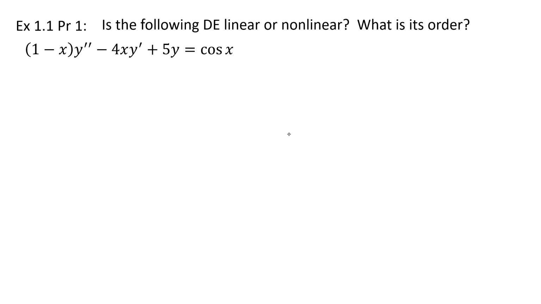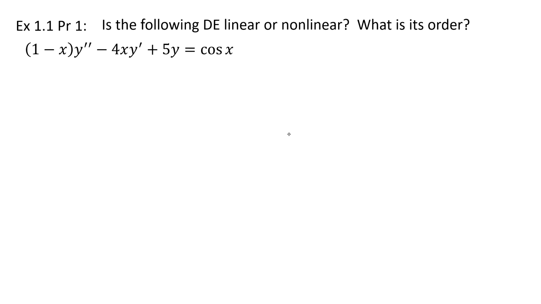Are all the derivatives raised to a power of 1? We have y double prime. That's it. We don't have a y double prime square or cube or anything like that. So y prime, same idea. Y raised to a power of 1. Cool. So as far as the derivatives are concerned, they are all raised to a power of 1.